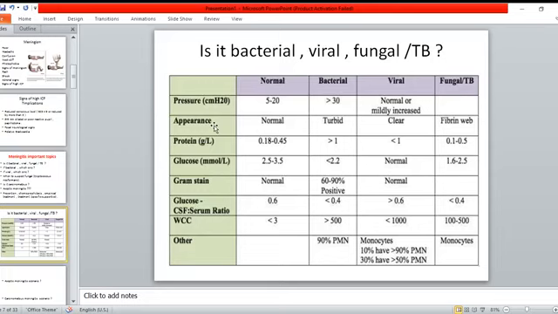In TB and fungal infection, it's a lymphocytic CSF, and in bacterial, you usually find it's polymorphonuclear or neutrophilic, unless the patient was given any prior antibiotic, and usually you will see this in the scenario.